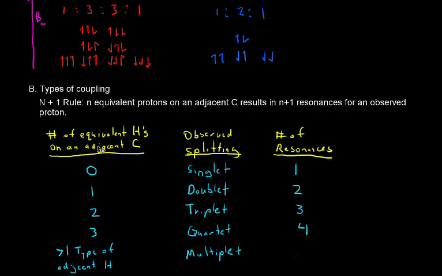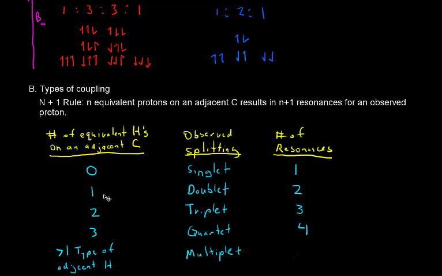observed proton. So, here we have, in this table, the first column of this table, the number of equivalent hydrogens or protons on an adjacent carbon. If there are no protons on an adjacent carbon or adjacent atom, then there's no observed splitting, and what we see is a single resonance, and that's known as a singlet. So that's a single resonance for a singlet.